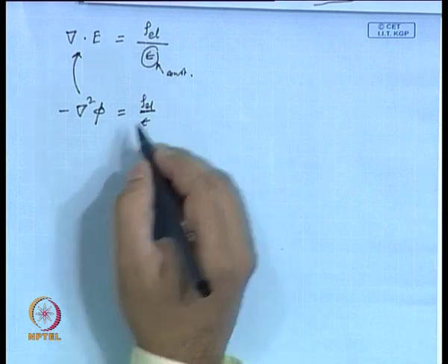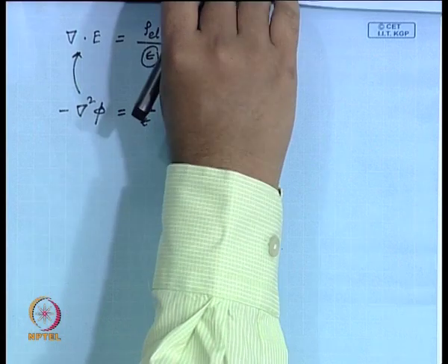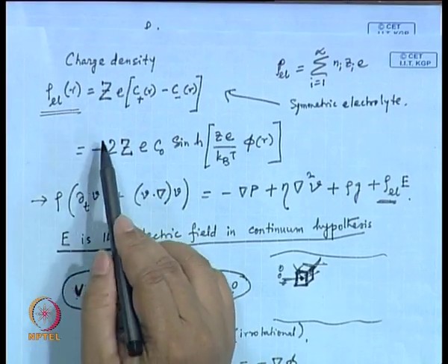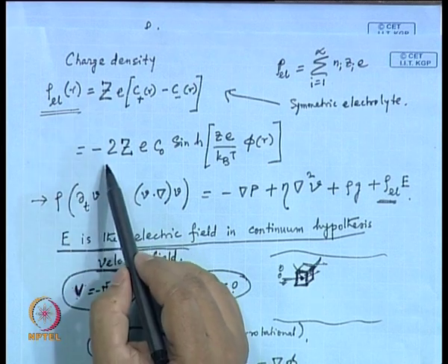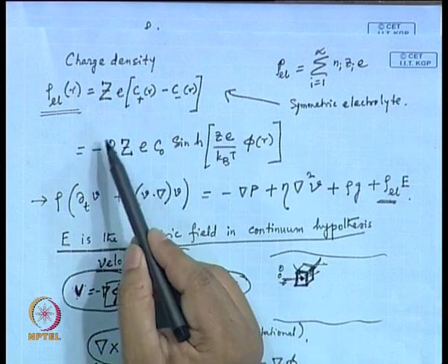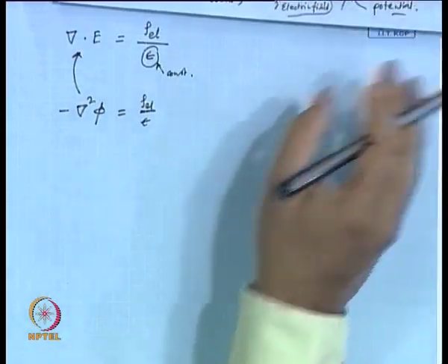Okay. So, now we have an expression for rho E L, the charge density, which is 2 Z E C 0 sinh of this quantity. This is an expression that we already have; you might have already written it in your notebook.